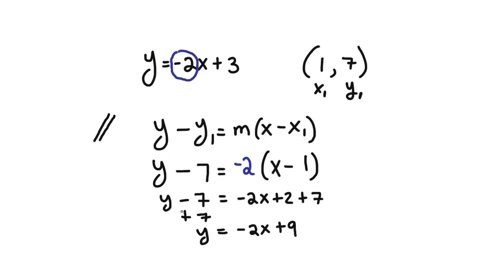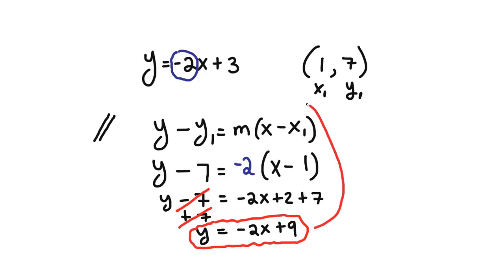And then we can cross out this -7 and +7. So now we can conclude that this equation, y equals -2x plus 9, is parallel to this one here that we started off with, and also passes through the point (1, 7).